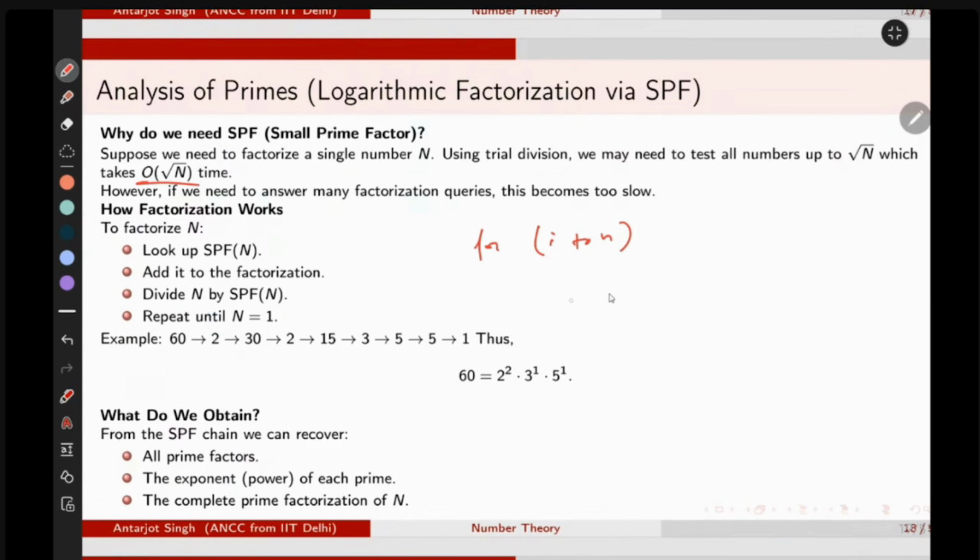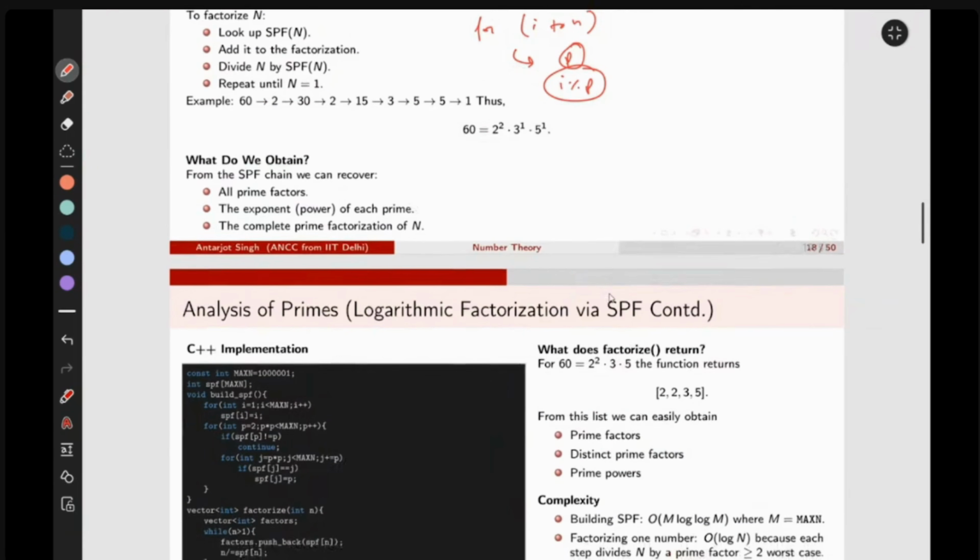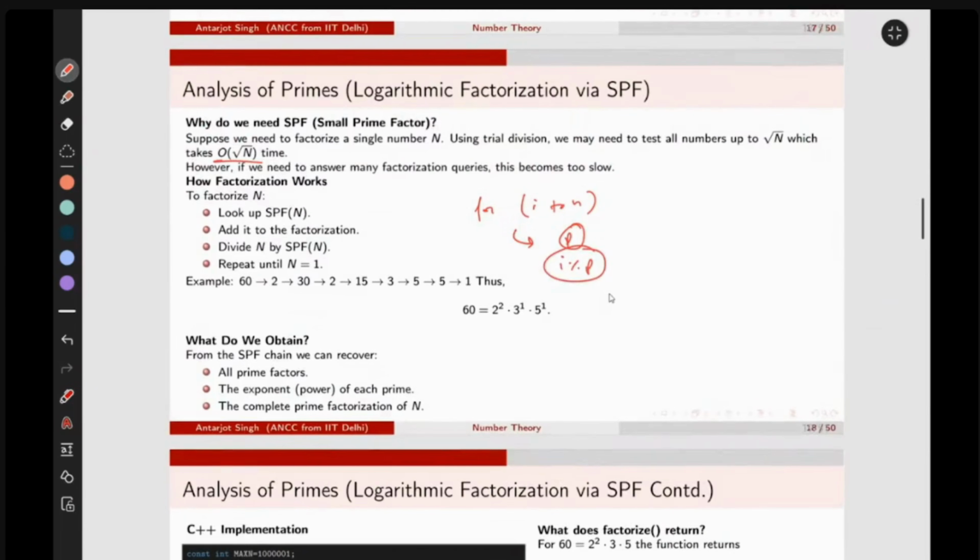So if i divides p, we will know that it's going to be the smallest prime factor of that number, because you are going in ascending order.